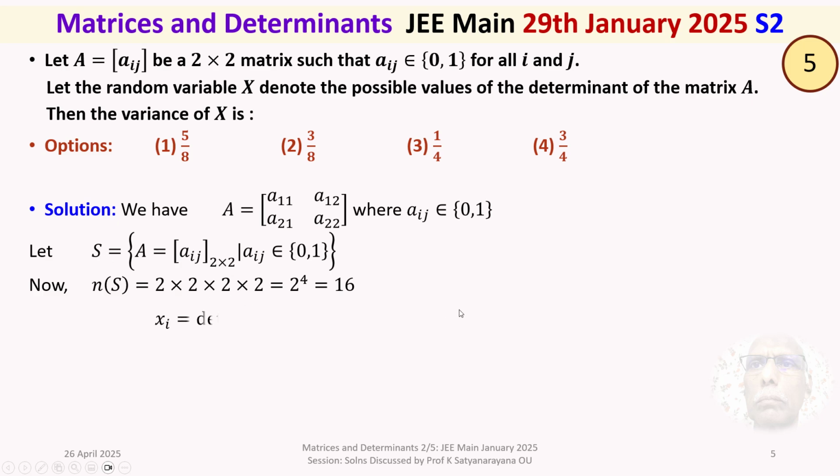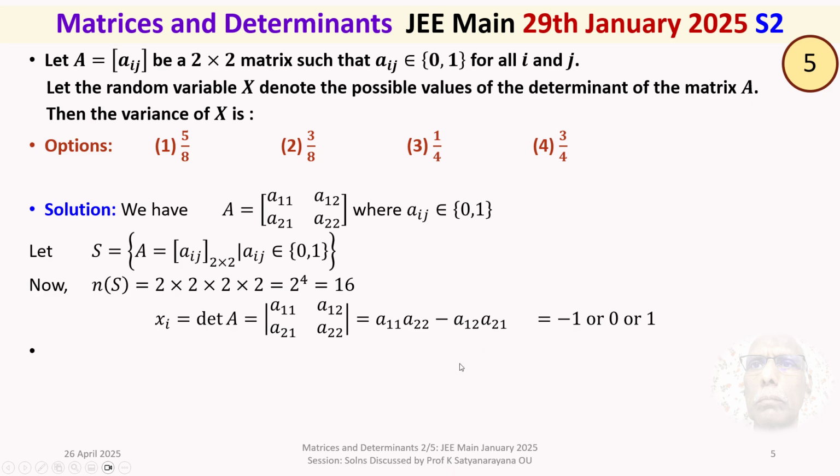Right. Now, let xi be the determinant of A, and this is A11 A22 minus A12 A21. Because the elements are either 0 or 1, the determinant will be minus 1 or 0 or 1. And what is capital X?